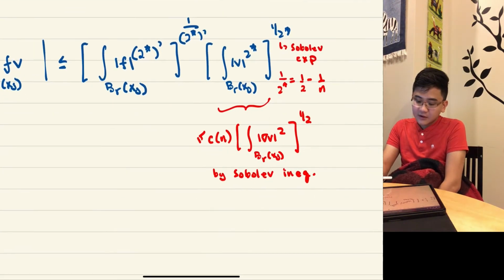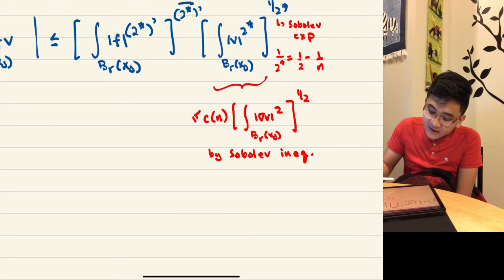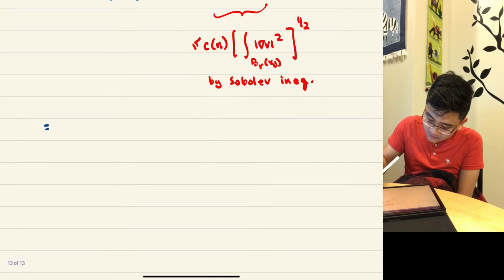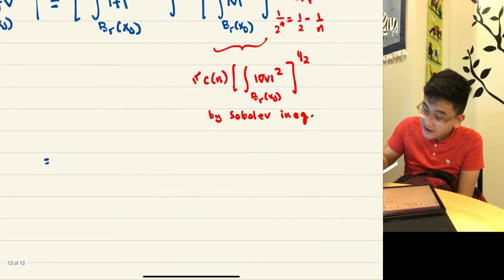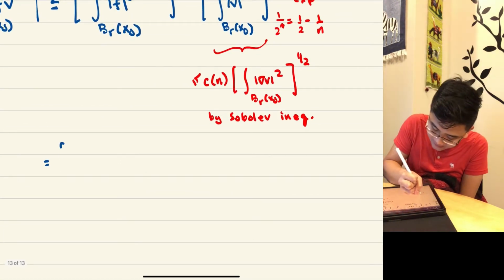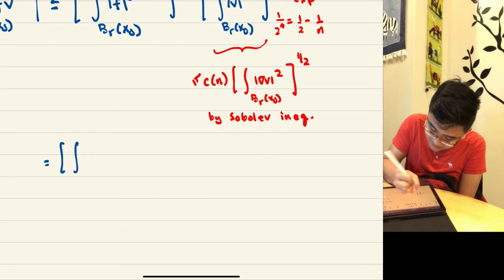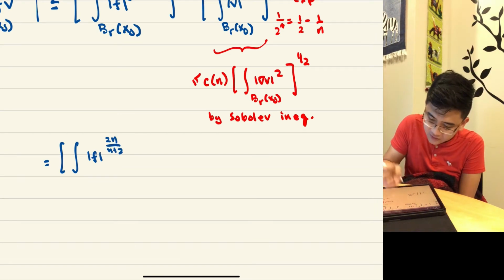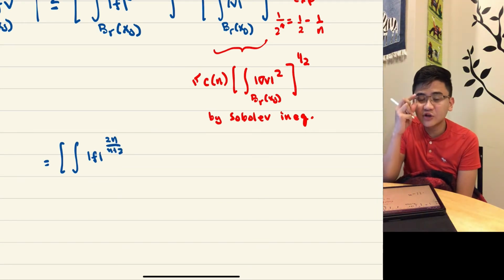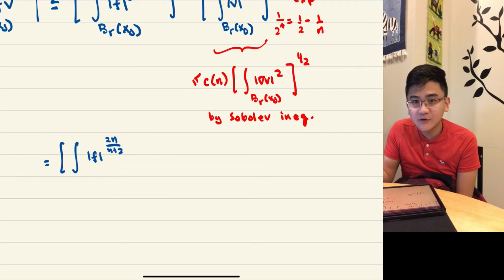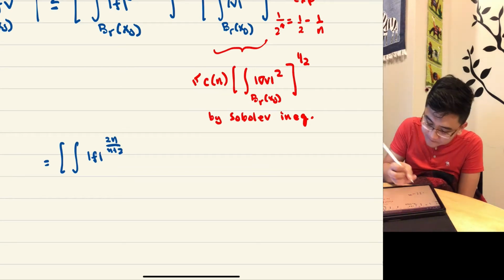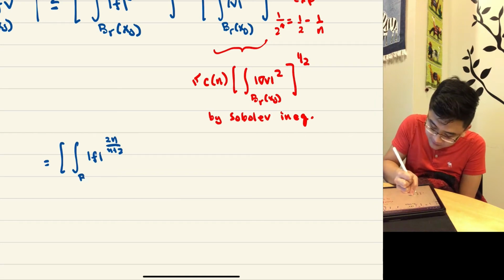Okay. So what I'm going to do next is write this in terms of n. So this is the integral of f raised to 2n over n plus 2. This is just a straightforward calculation of what the Hölder conjugate of the Sobolev exponent is. This is just from real analysis.